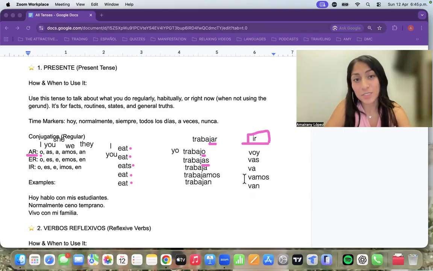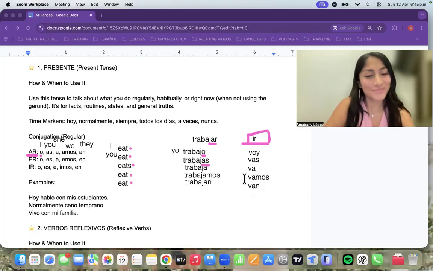Now, irregular verbs are quite the lot. It's a decent amount of verbs, but I do have separate material for that, which I would be super happy to share with you if you contact me after watching this video.